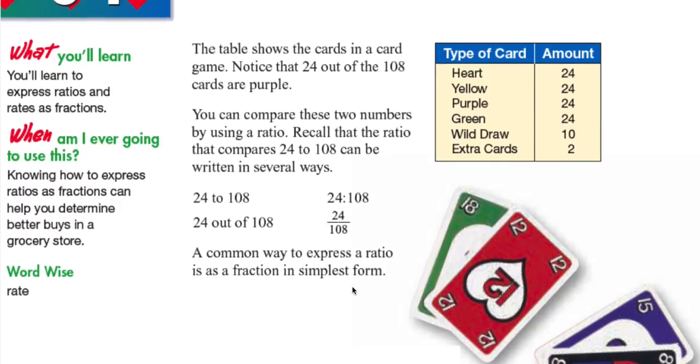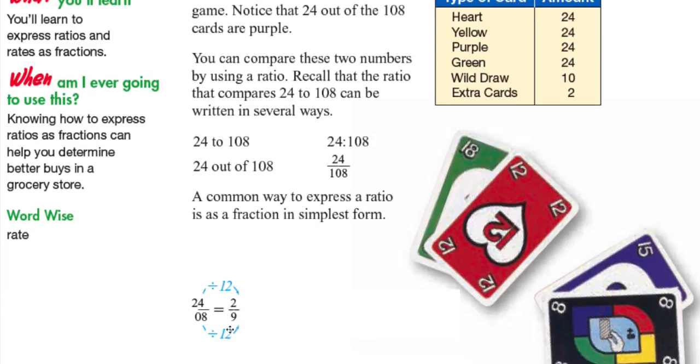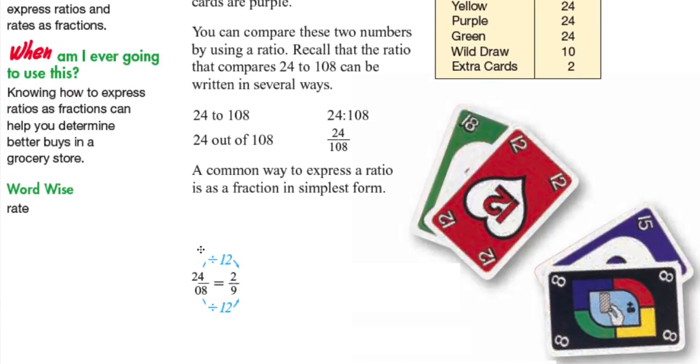So a common way to express a ratio is a fraction in simplest form. If we want to express it as a fraction in simplest form, we have 24 over 108. We're missing the number 1, we'll add it. So 24 over 108 is equal to 2 over 9, because the GCF of 24 and 108 is 12, and we divide both of them by 12 and end up with the fraction 2 over 9.